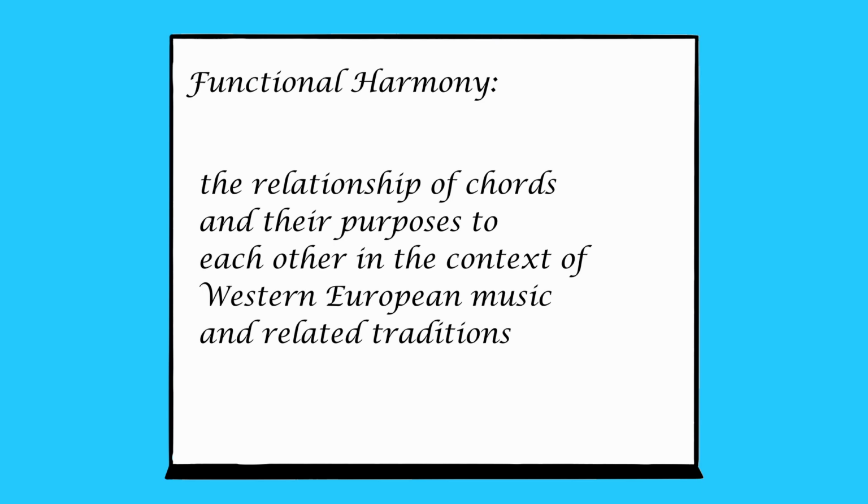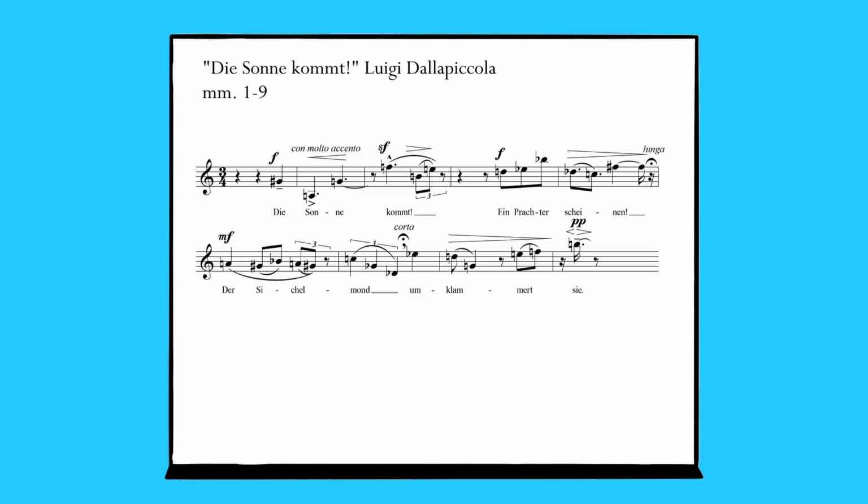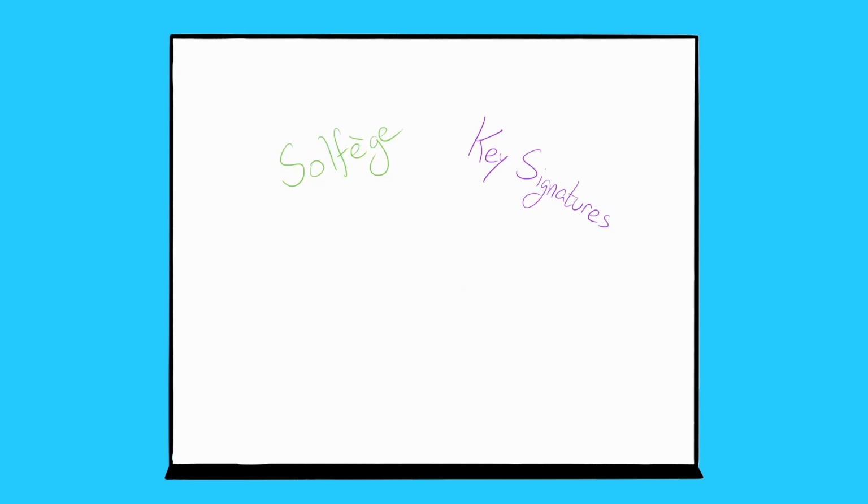This means that if we look at Western European or American music after the early 1900s, composers were not writing in a way that was based on the same relationship between notes, so solfege sort of stopped being useful.